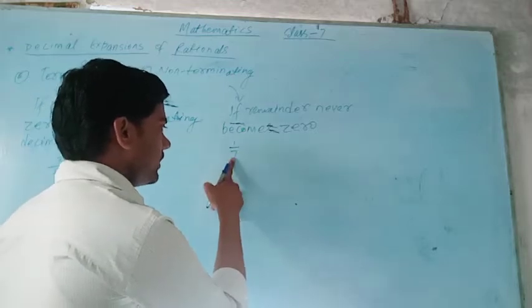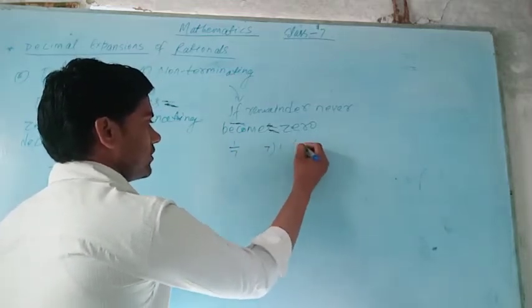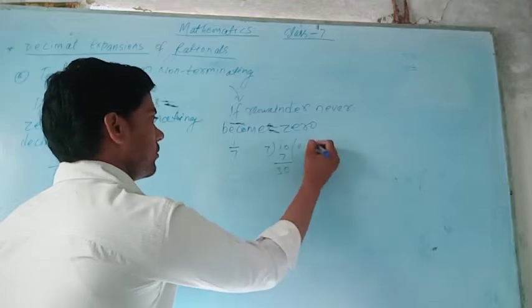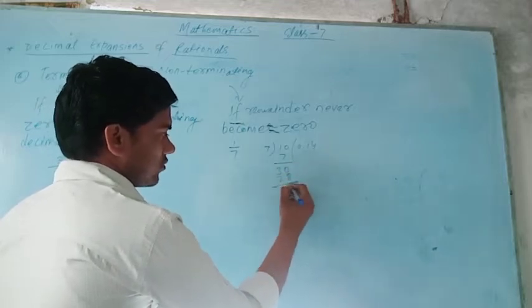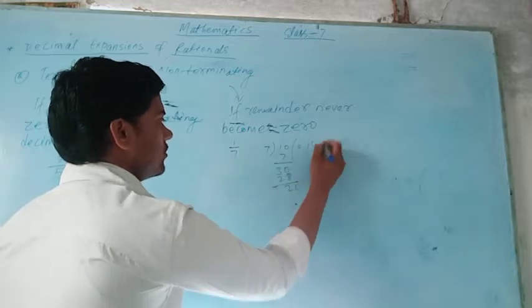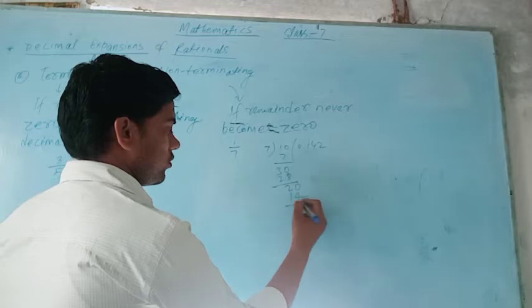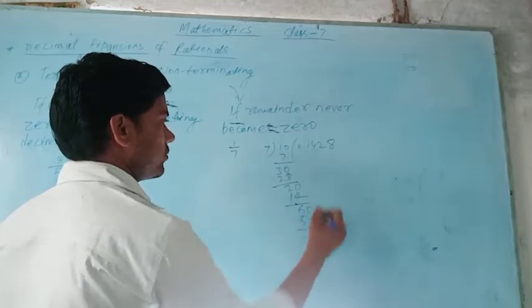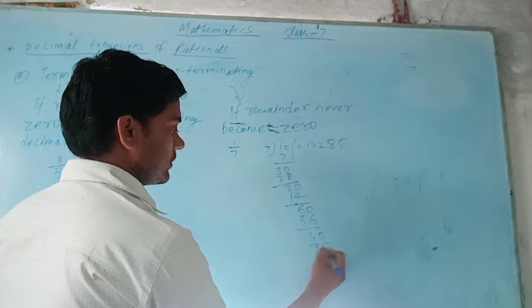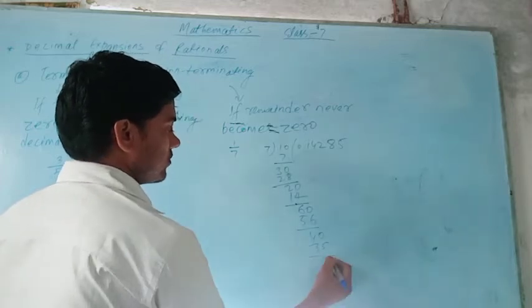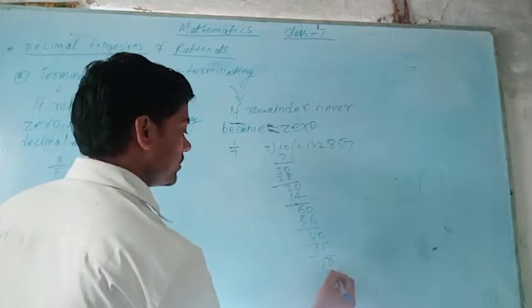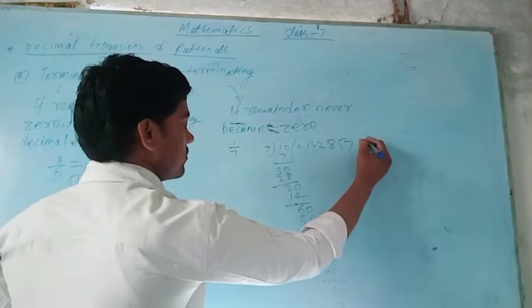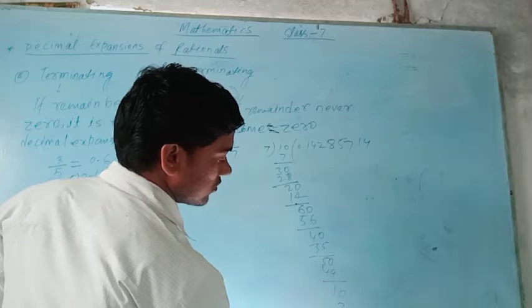If we divide 1 by 7, then 0.1, then 7 4s are 28, 2 will come, 10 minus 8, then 7 2s are 14, then 7 8s are 56, then 7 5s are 35, then 7 7s are 49, then 7 1s are 7, then 7 4s are 28.